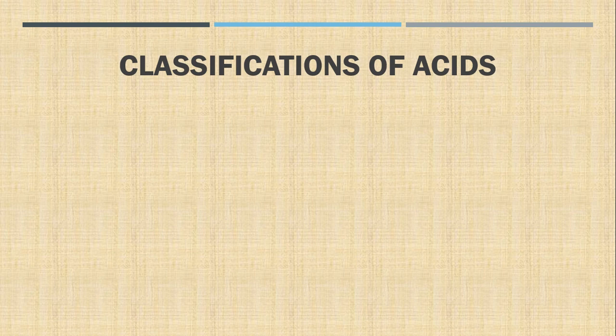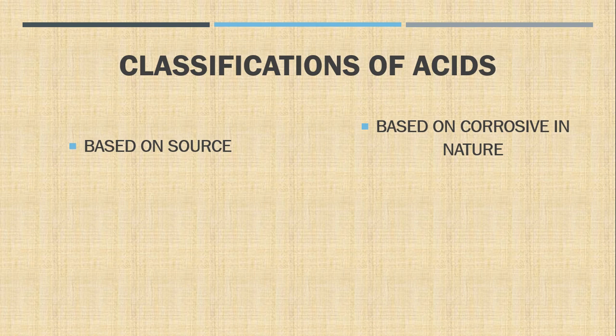Classification of acid. Acids are classified based on two things: one is based on source, another is based on how corrosive they are in nature. Based on source, meaning where you are getting it from and how you are getting it, and based on how corrosive it is, we can classify.